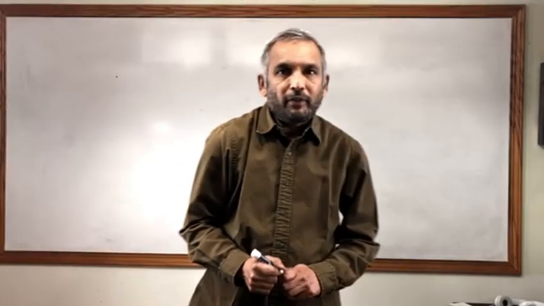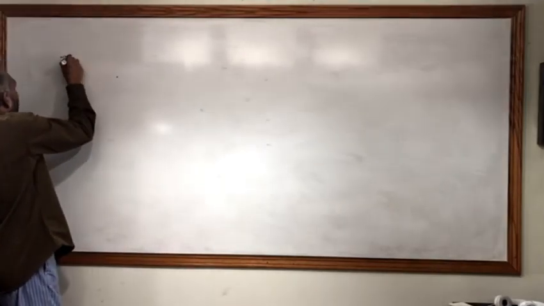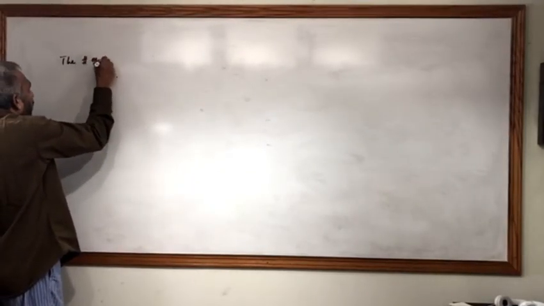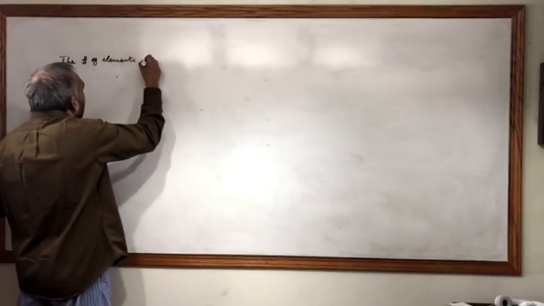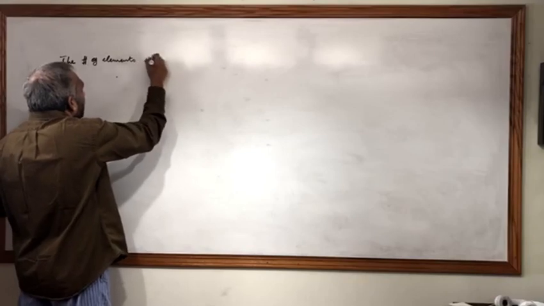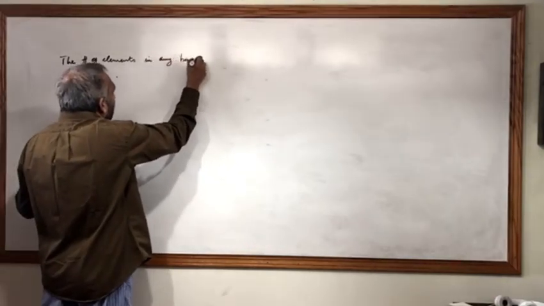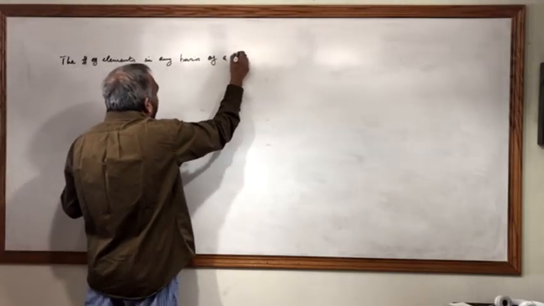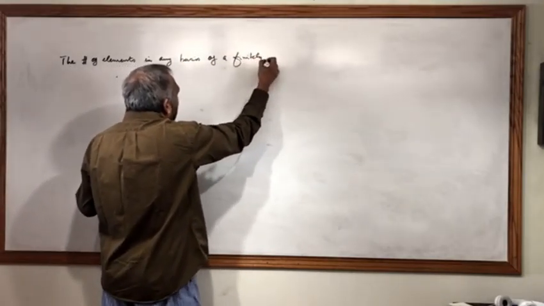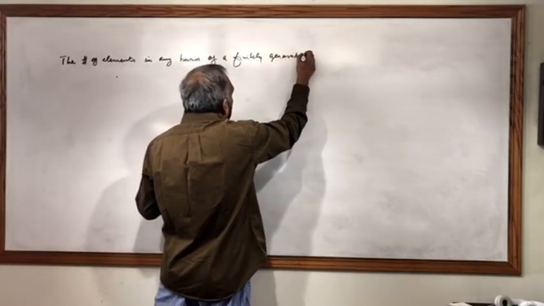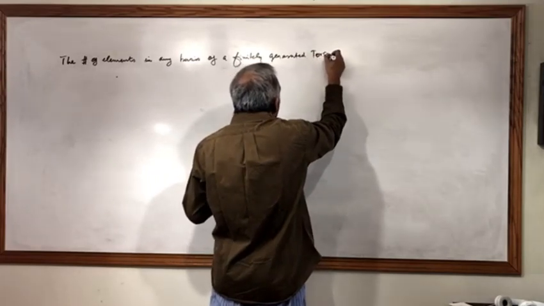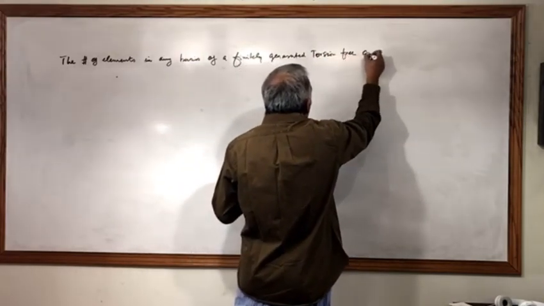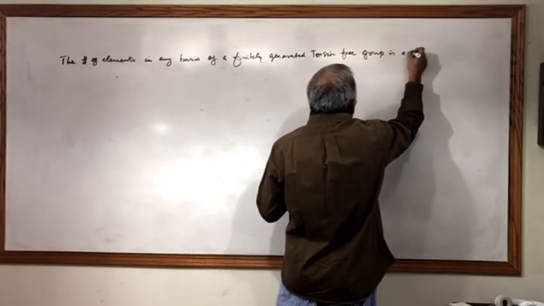So what we have found is the number of elements in any basis of a finitely generated torsion-free group is a constant.